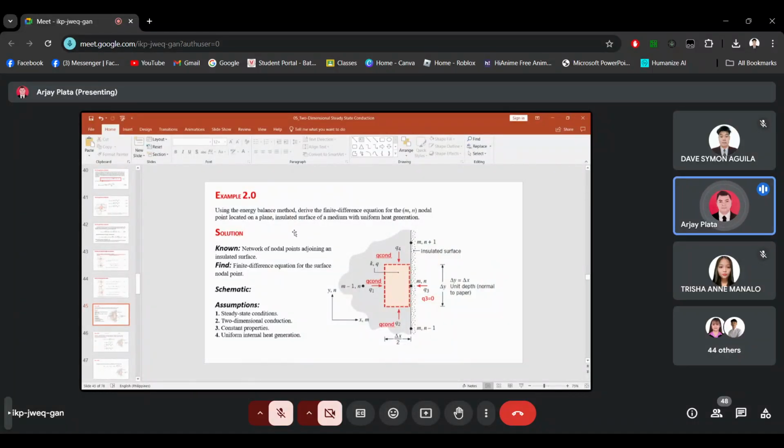Can you recall if you already answered this example problem yesterday?